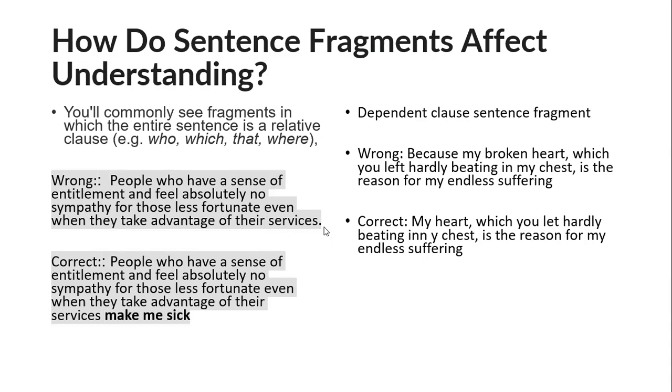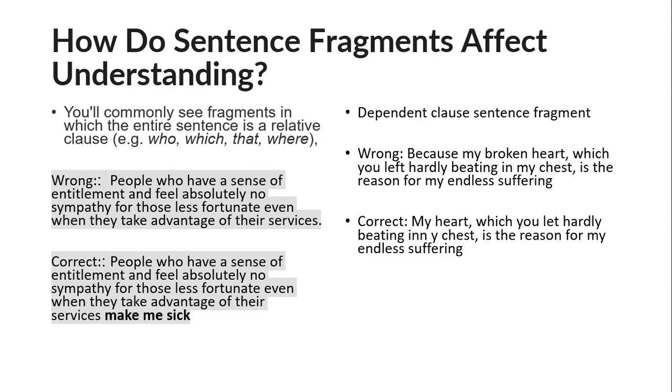Okay. So where is the verb form in it? The verb is missing, and you finally end up writing make me sick. So you have to look for completions like this, especially with relative clauses. Wherever you find who, which, that, where, be alert, look for the options that give you the complete ending part. Okay.